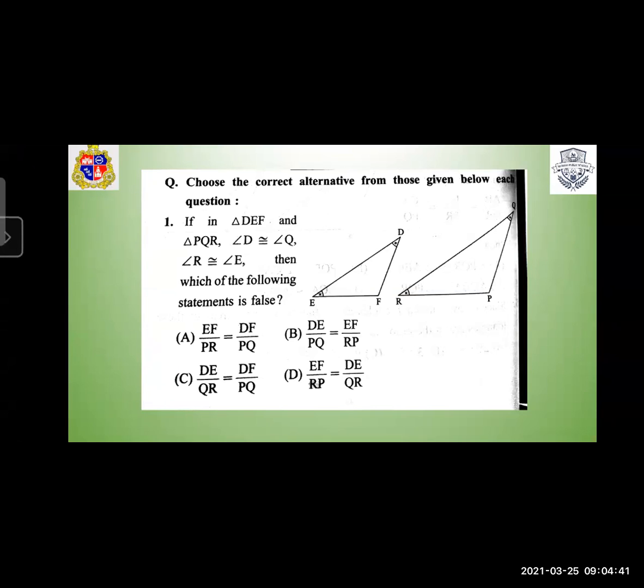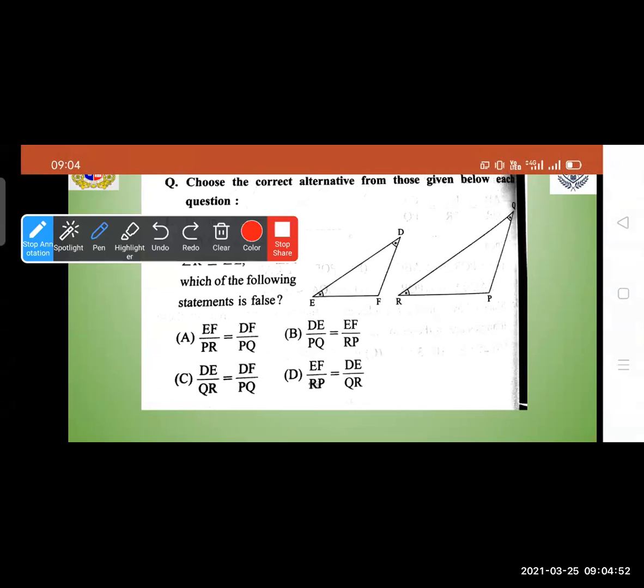False statement means which one does not follow the congruence of the triangles. In this question, EF by PR, then DF by PQ, so it follows. So this one is true. We have to find the false condition, so we check the second one.